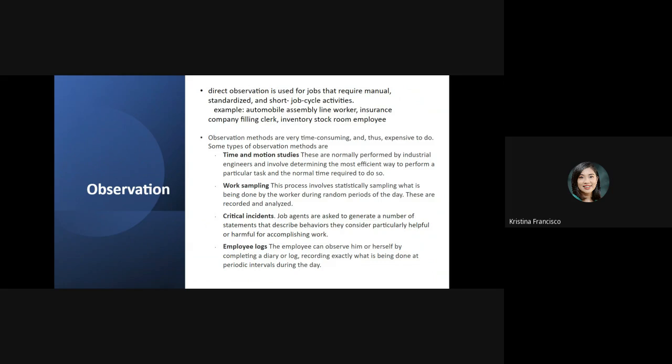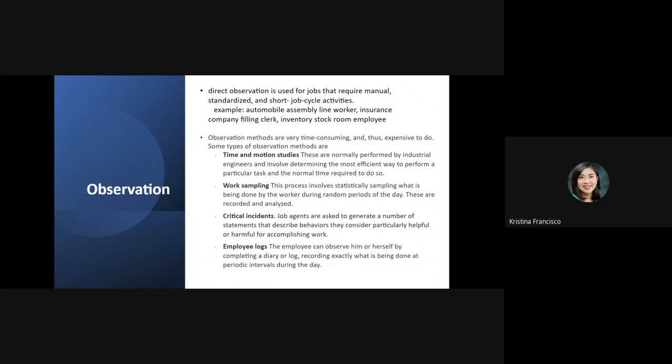It's best suited for manual, repetitive jobs like assembly line work, but less effective for jobs involving mental tasks such as decision making. Observation has limitations such as missing non-observable tasks and being time consuming and costly. So if this method yung pinili ninyo in conducting job analysis, it is time consuming and costly.